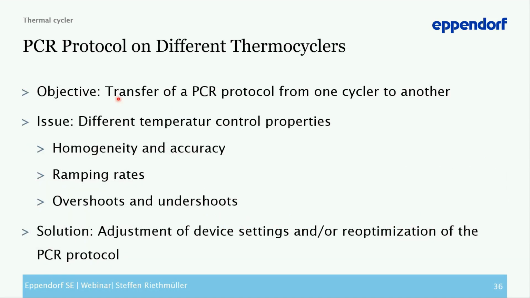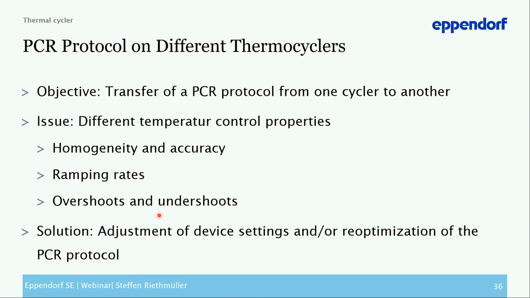Furthermore, it could happen that both devices have different homogeneity and temperature accuracy. And sometimes, if the PCR does not work on the new device, then there's no way out. The PCR protocol has to be re-optimized.